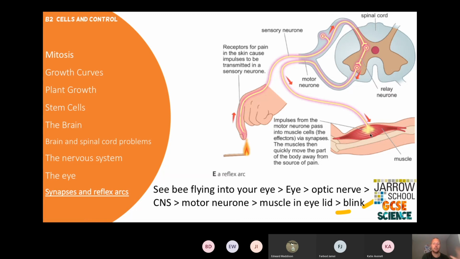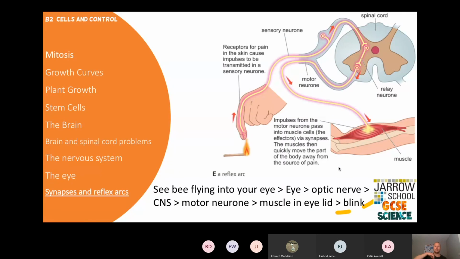That contracts, and the response is you pull your hand away. So reflex arcs happen without thinking about them, and these are the things that help us survive. So help us not burn my finger off, help us not get a damaged eye because of a bee.